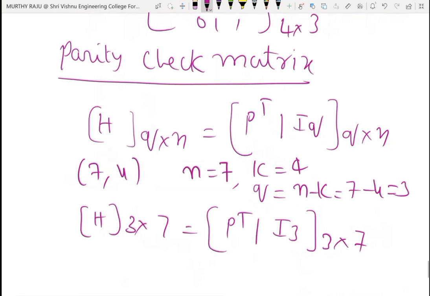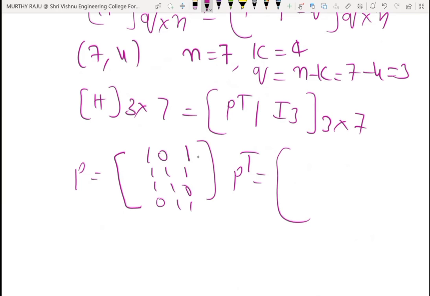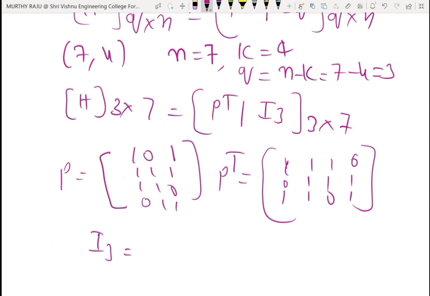Here we know that the P matrix is equal to 101, 111, 110, 011. P transpose is equal to this, where rows are converted into columns: 1, 0, 1, 1, 1, 1, 1, 0, 0, 1, 1. This is the P transpose. I3, the 3 by 3 identity matrix, is 1 0 0, 0 1 0, 0 0 1.